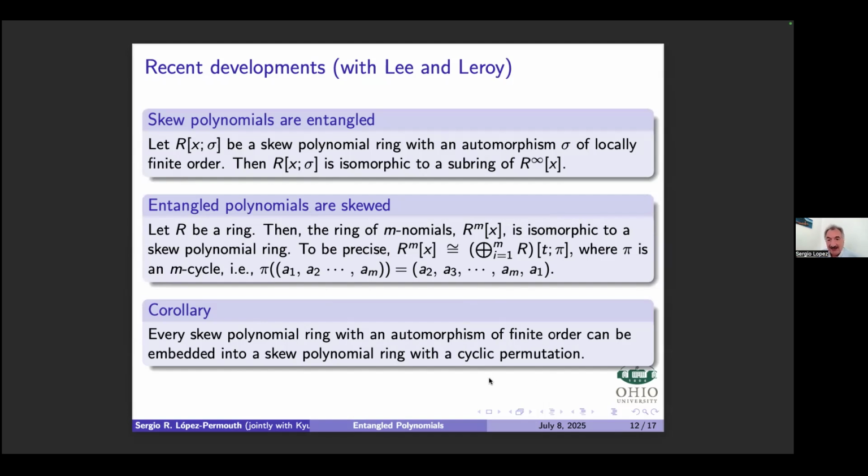And I get a kick out of this corollary because it makes me think of something as fundamental as the Cayley theorem in group theory, where you say, I have a group, an arbitrary group, that's very abstract. And then you can think of it as a group of permutations. That makes it kind of concrete. So this is similar: if you have an arbitrary automorphism, it's a subring of one where the automorphism is an M cycle.